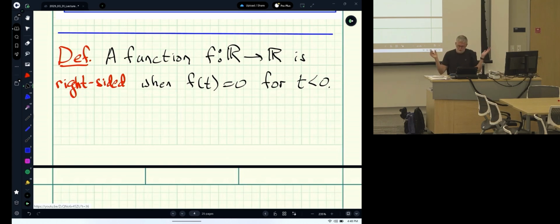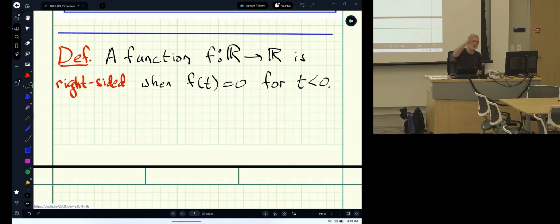So what's the intuition here? On the left side of the origin, the function is 0. So it only takes interesting values on the right side. That's why we're calling it a right-sided function.